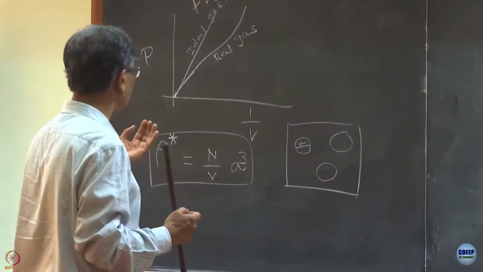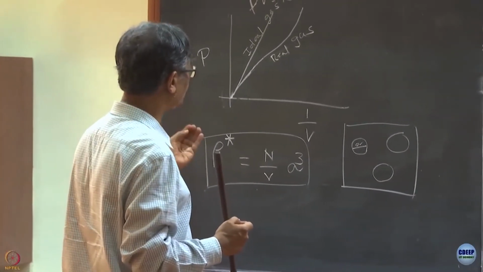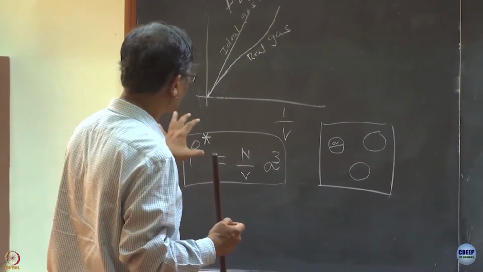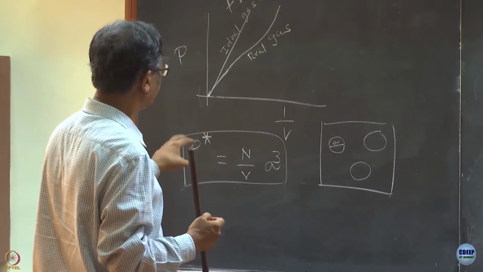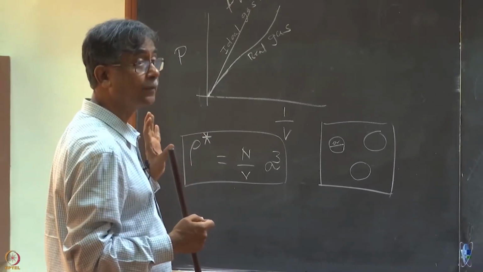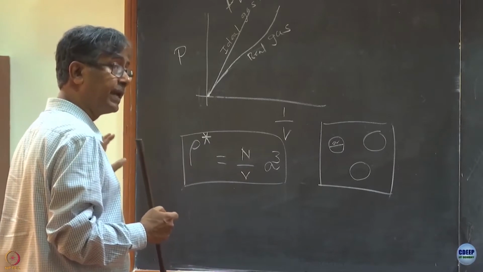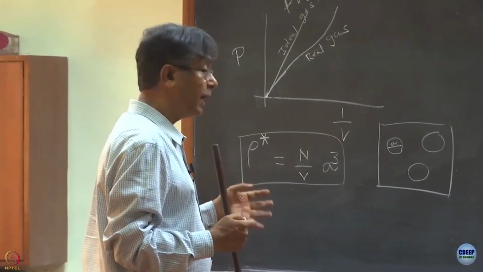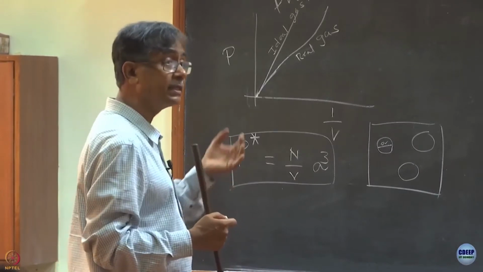And this rho also, at the same time, is proportional to the fraction of the total volume occupied by the molecules or atoms if I consider them as hard spheres. They are not hard spheres, but there is a big repulsive potential, and because of the repulsive potential you have size.